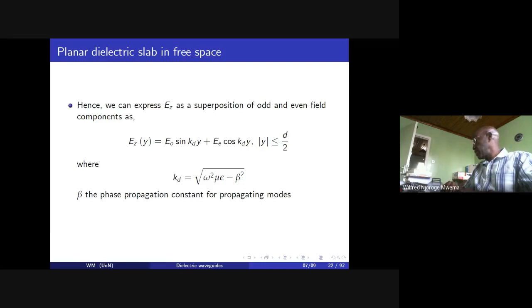So Kd has been defined as k squared minus beta squared, where k squared is of course the propagation constant in the dielectric, which is assumed to be of infinite extent. So this relation is called the dispersion relation for the dielectric media.